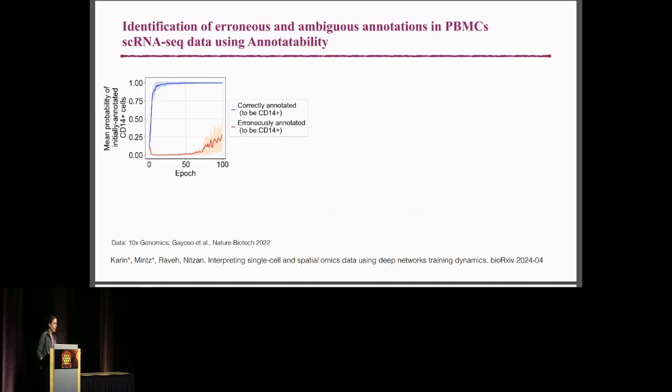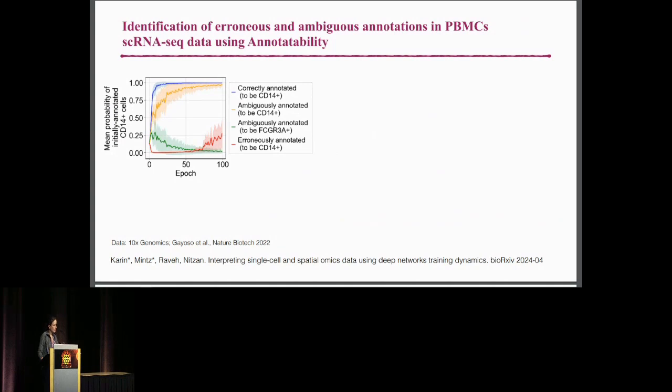On the other hand, the cells that were misclassified would have the hard to learn dynamics where the model keeps thinking it's a different cell type, but eventually overfits. And then we also have the ambiguous states that are just more variable and slower to learn by the system.